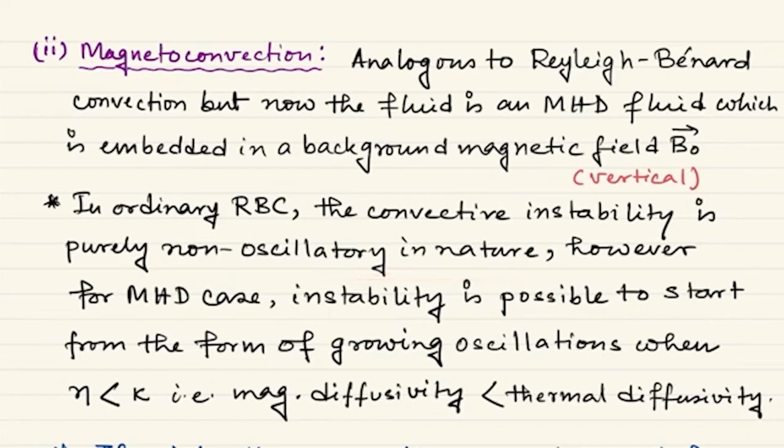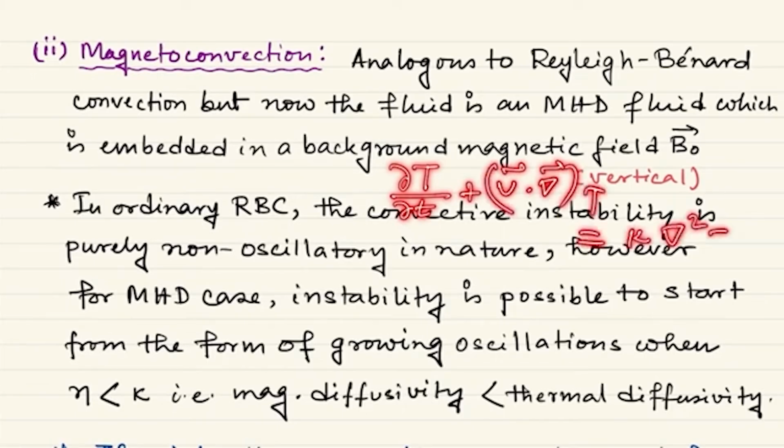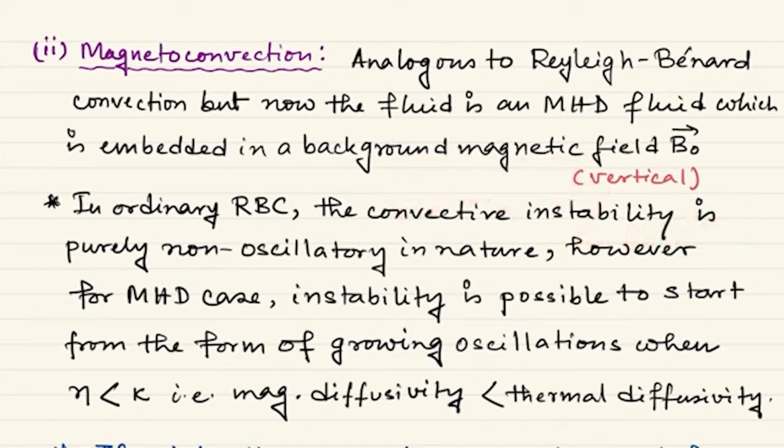But in the MHD case, if we are in such a situation that the magnetic diffusivity is less than the thermal diffusivity, then, if you remember, thermal diffusivity comes into play in the evolution equation of the temperature. There will be an evolution equation of the temperature, equal to some kappa nabla squared T, this type of thing.